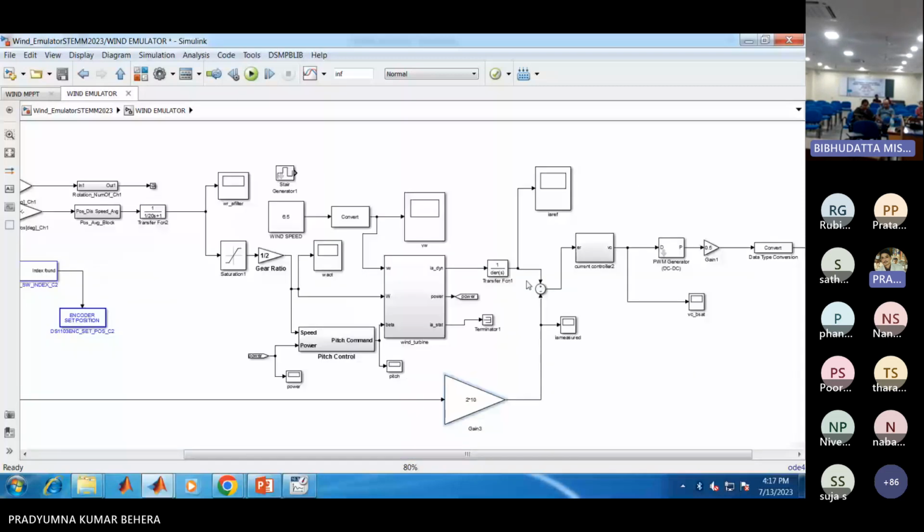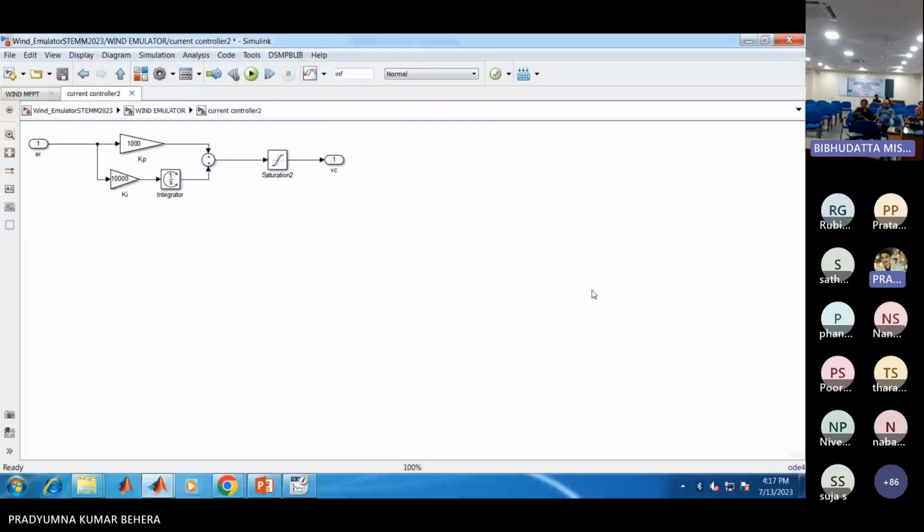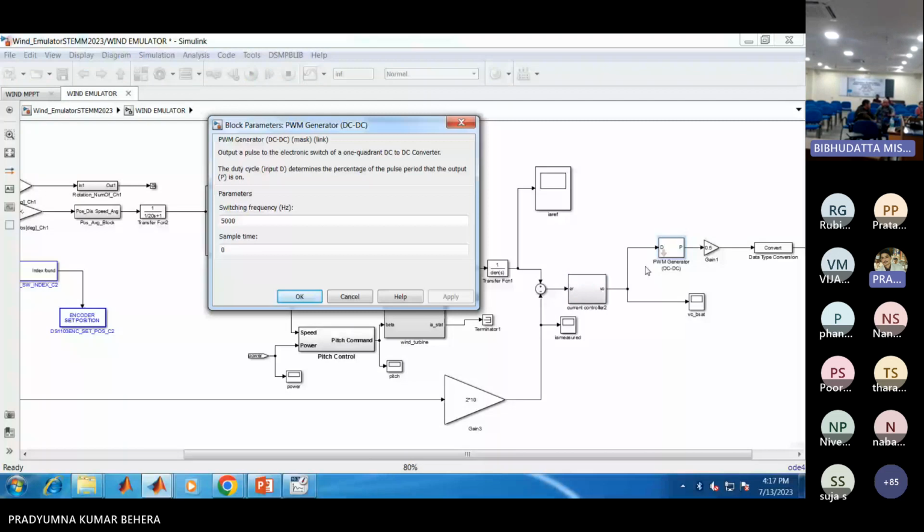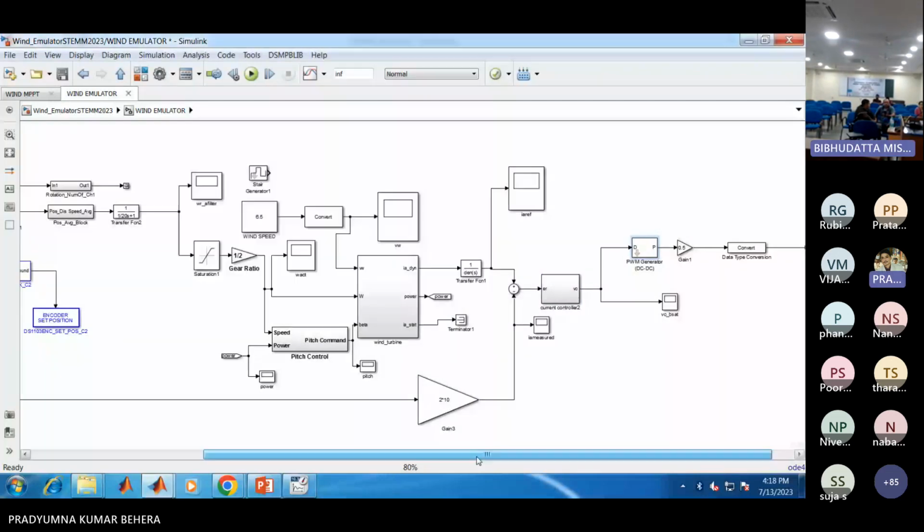The error of this comparator is given to a PI controller, and after processing the error, the PI controller will generate the duty which is provided to the PWM generator block, which is set at a frequency of 5 kilohertz to generate the pulses.